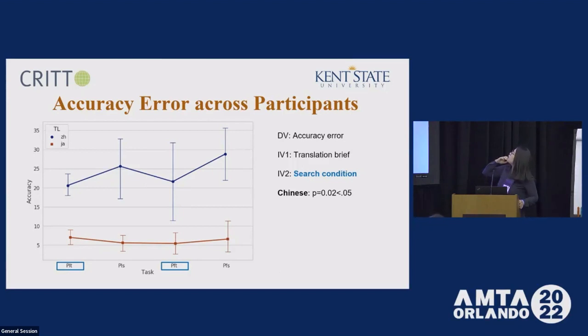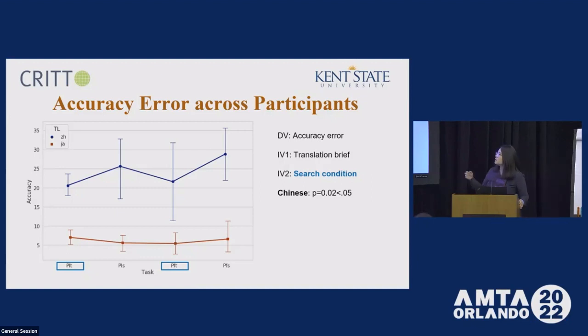We did a mixed two-way ANOVA, and this is the visualization of this analysis. Our dependent variable is accuracy error occurrences. The first independent variable is translation brief, which we controlled as one condition, and the second independent variable is search condition.